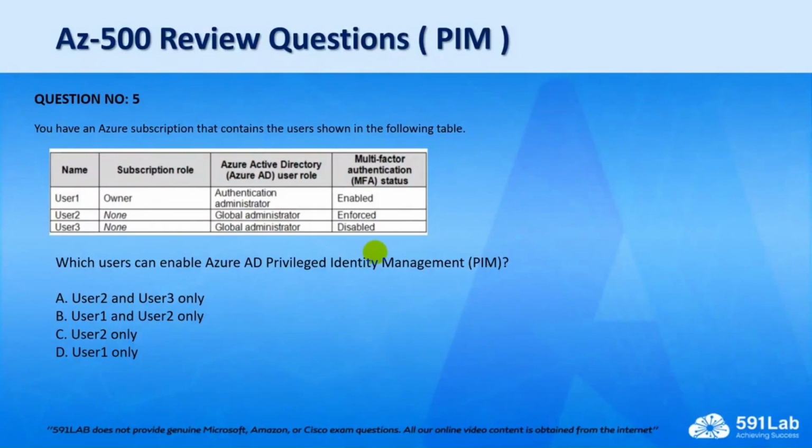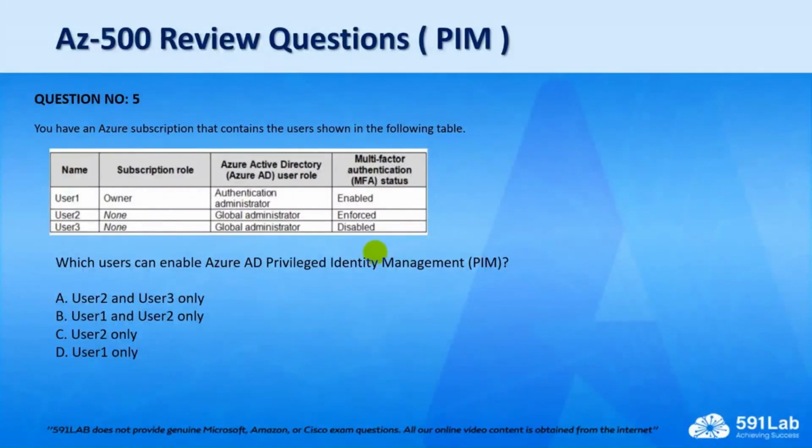Okay, that's an easy one and a tricky one both. If you look at the table, it also says the multi-factor authentication status. This piece of information is here to make us a little bit confused, so we do not need to look at it. We clearly know the global administrator role is the one which is required to enable Privileged Identity Management. So let's look at which users have the global administrator role. We can clearly see it is user 2 and user 3.